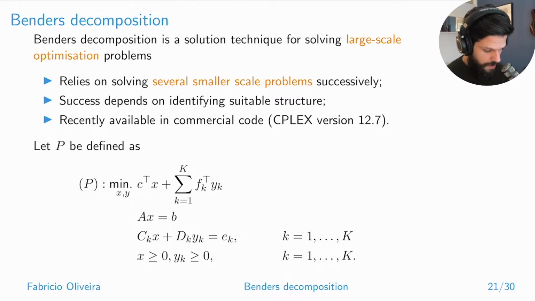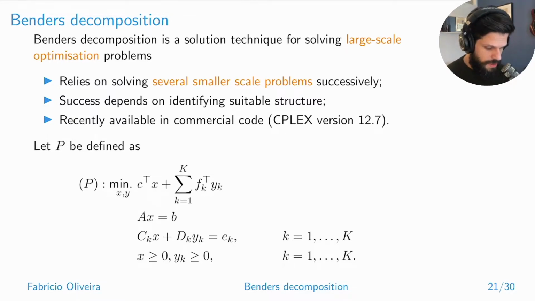So we once again are defining our problem like so. We have this structure with these variable x's and these variable y's, and you can see that the x variables are playing the role of complicating variables.